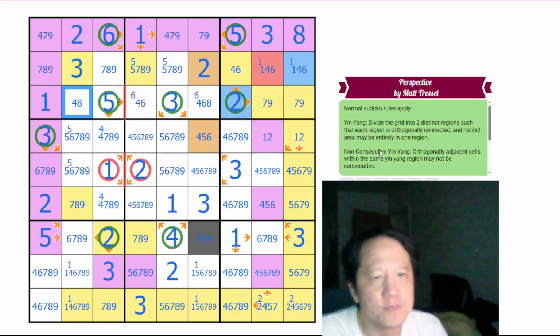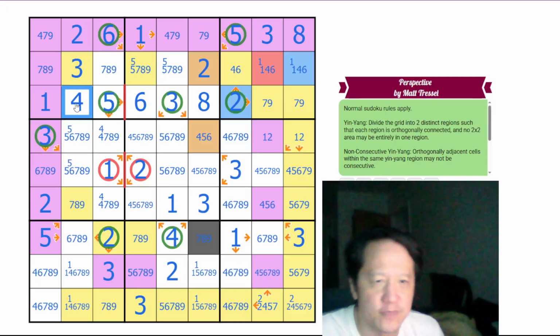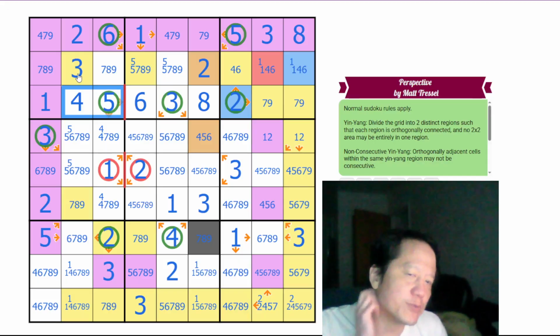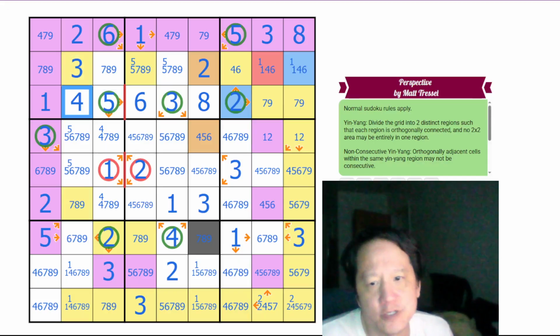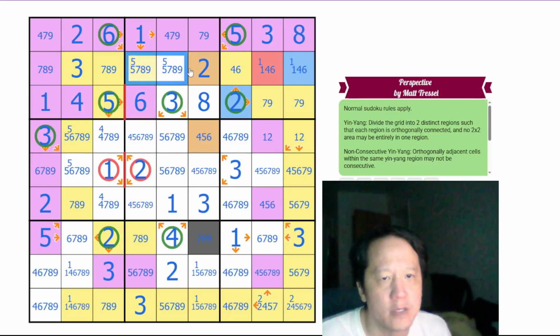If this was 4, we had 4, that would be 6, that would be 8. These would have to be different regions. 3 and 4 would have to be different regions. So therefore that would be pink. That would force this to be yellow. Yellow has to orthogonally connect out that way. 4 and 5 have to be different regions, so that would be yellow. This would be different regions, so it's pink.